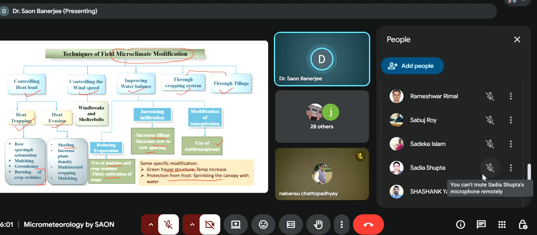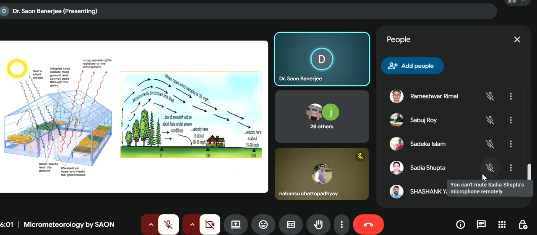For that, in the nursery bed, we used to irrigate the nursery bed at night time, and in the early morning we used to drain out that water, and again at night time we give that irrigation, so that the water, as water has a high specific heat capacity, can retain the temperature. That is the thing. So this is the microclimatic modification.